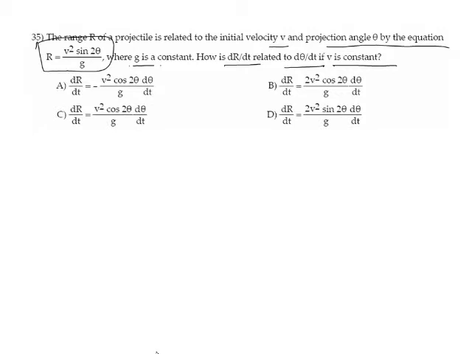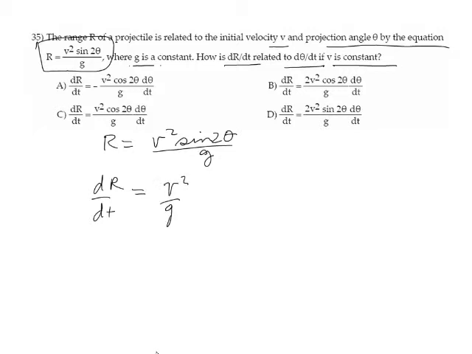Well, R is equal to v squared sine of 2 theta over g. dR/dt is equal to v squared over g.